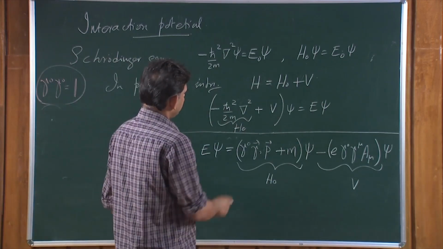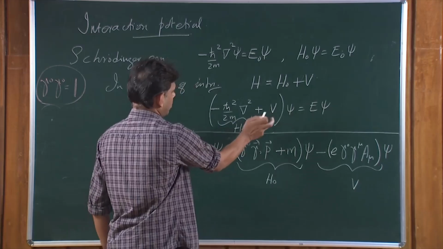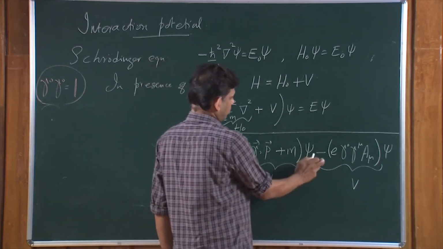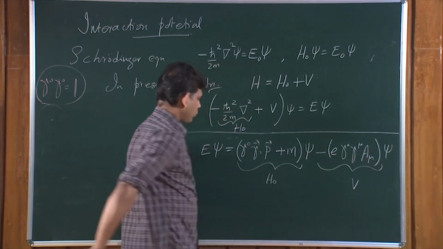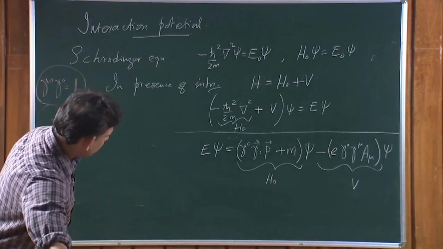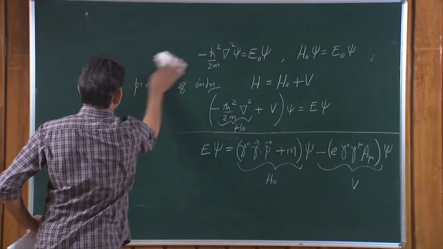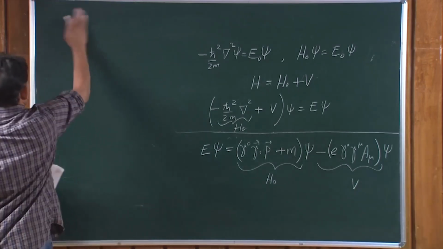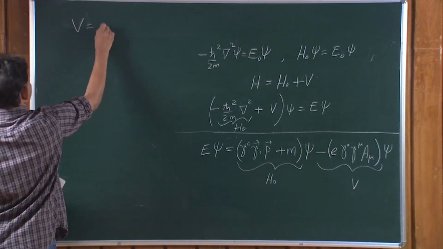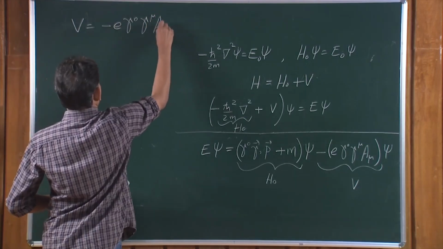In the Schrodinger equation, we had E psi equal to H 0 plus V psi. Here also we have E psi equal to H 0 plus V psi. So, the potential for an electron interacting with the electromagnetic field is V equal to minus e gamma 0 gamma mu A mu.